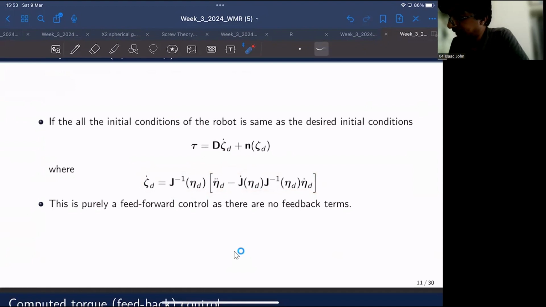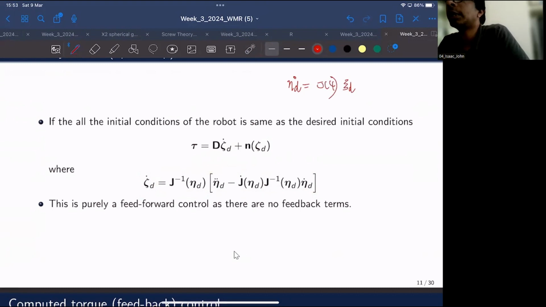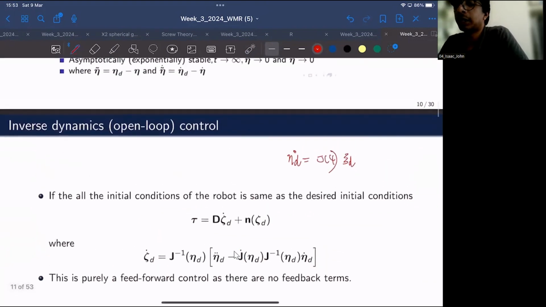And why is this being explicitly specified? The reason being, as I've already said, you know how this eta desired dot and zeta desired are connected using this Jacobian matrix. And if you want the robot to track a particular trajectory, it's always convenient for a human to define the trajectory with respect to the initial frame of reference, because that is how we perceive the robot.